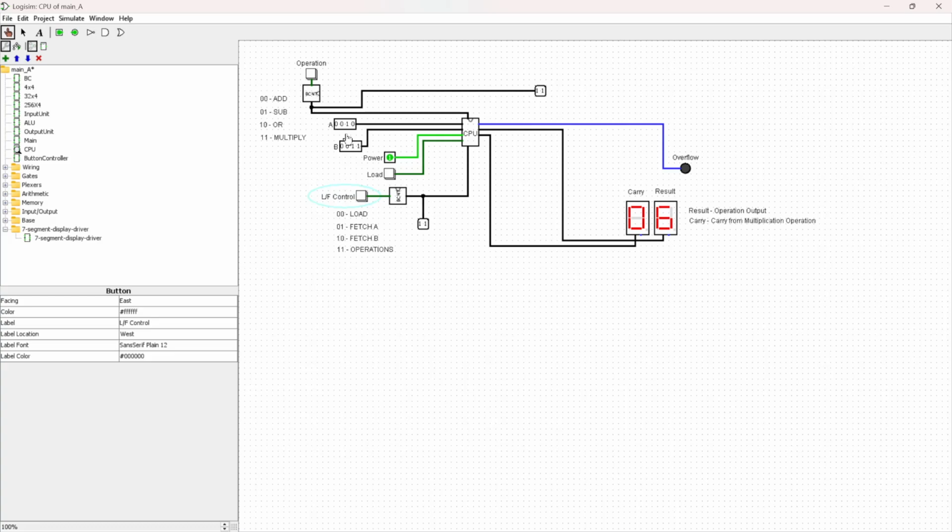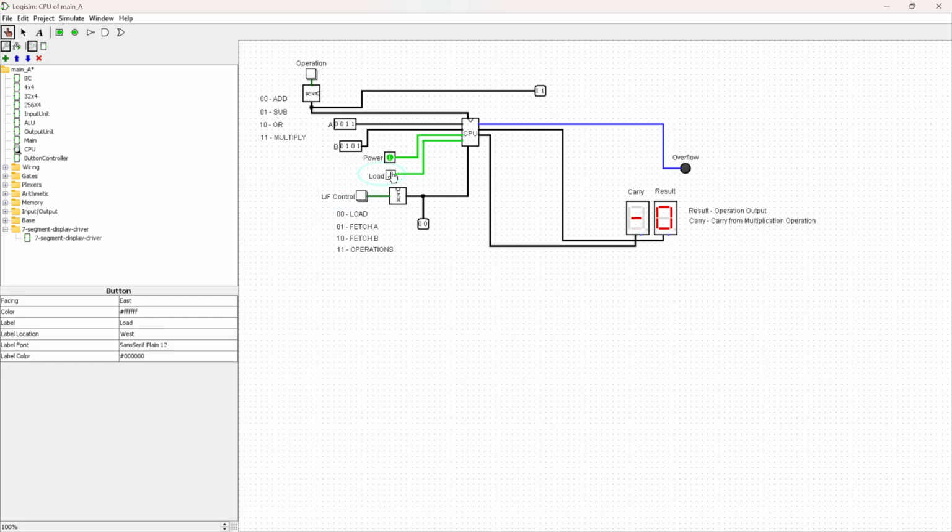What if I want to do like 5 times 3? So 5 is here, 4, yeah. 5 times 3 equals to this. I want to load it first.